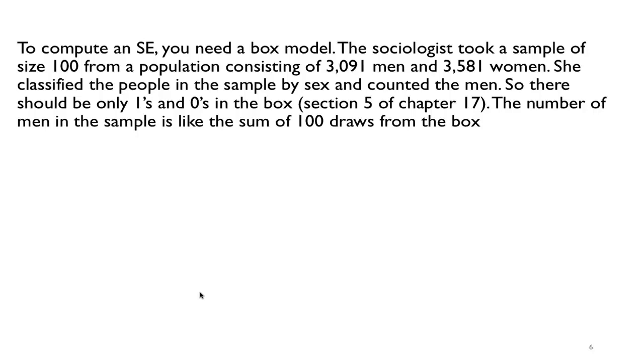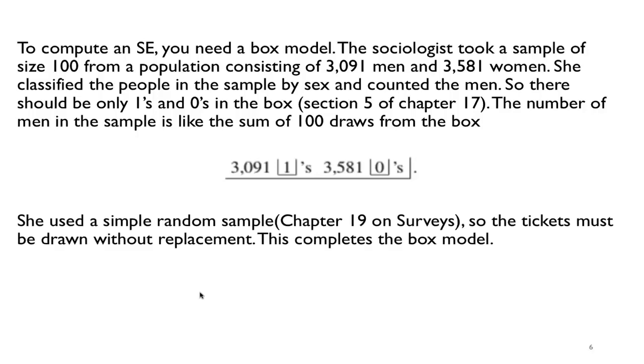And if I pick out 100 tickets from this box consisting of the 6,000 or so people, then here's the box model. We have 3,091 of them are 1s, 3,581 are 0s, which represent the women. And we're going to do this without replacement. And that's essentially the box model.